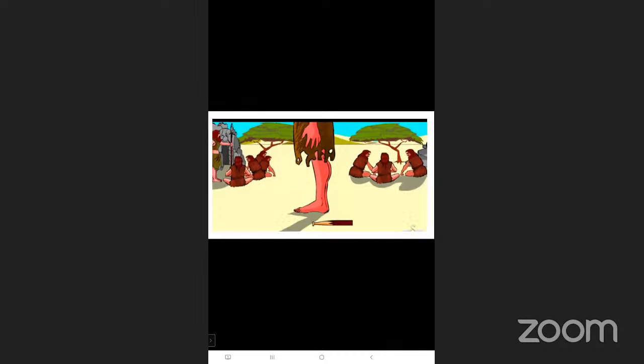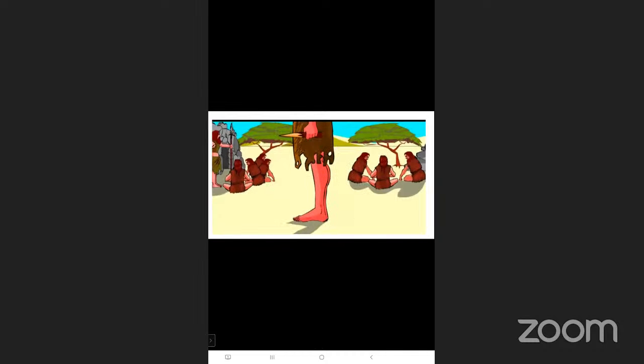So from the stone, they shifted to another substance, that is wood. They shifted from stone to wood, and they would make wood into different forms. But the problem with wood is it does not retain its sharpness. It also loses its sharpness when any force is applied to it.